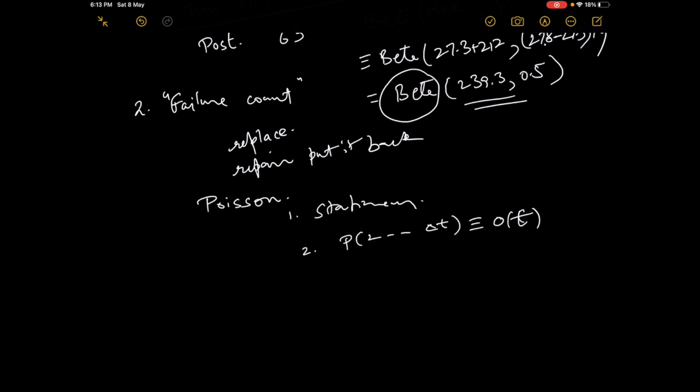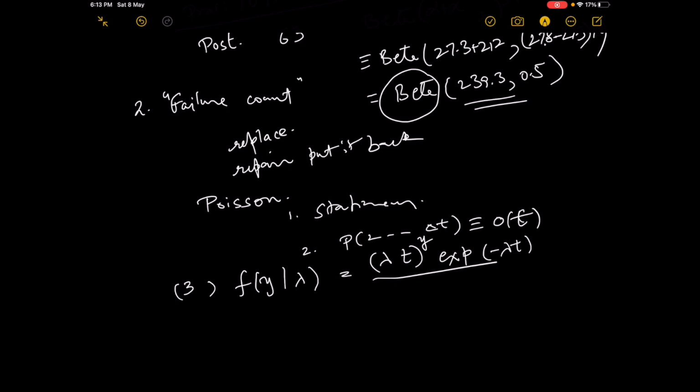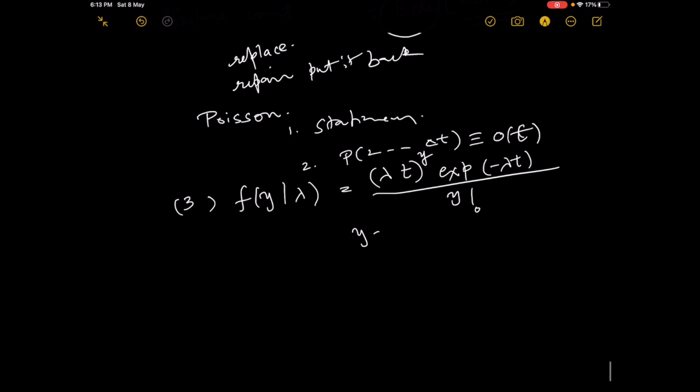So the corresponding PMF, where the observed number of failures y will be anything from 0, a non-negative number, and the mean number of failures per unit of time, lambda, should be greater than 0.